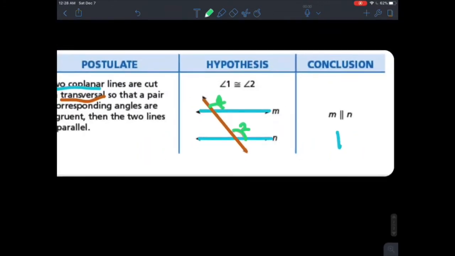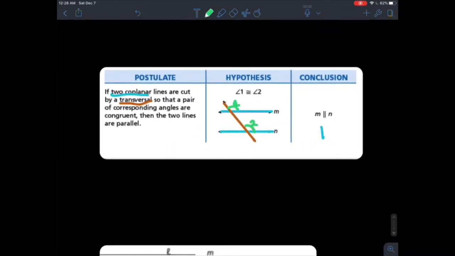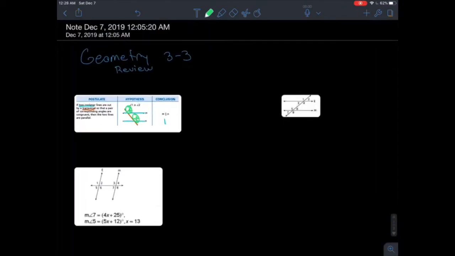So let's read this again: if two coplanar lines are cut by a transversal so that a pair of corresponding angles are congruent, then the two lines are parallel. So we just proved that M and N are parallel to each other using the converse of corresponding angles postulate.